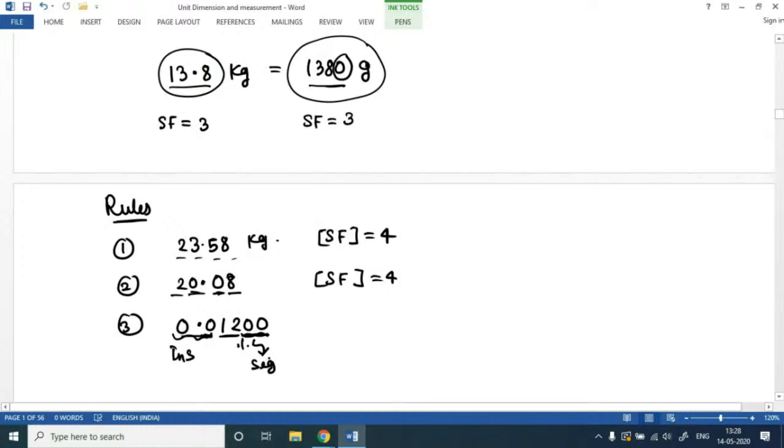So that is the rule. When you count the significant figures here, it is 1, 2, 3 and 4. So the number of significant figures here would be nothing but 4.